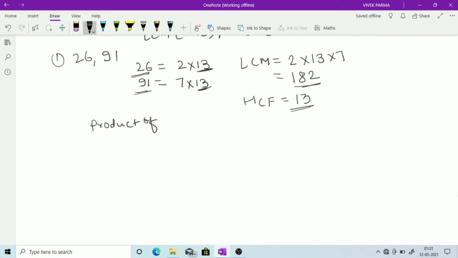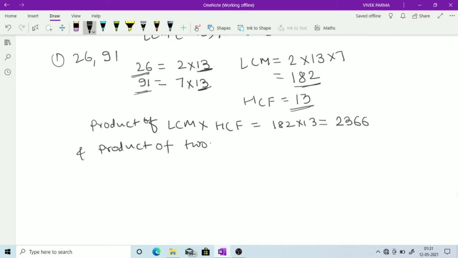Product of LCM into HCF equals 182 into 13, which is equal to 2366. And the product of the two given numbers equals 26 into 91, which is also equal to 2366.